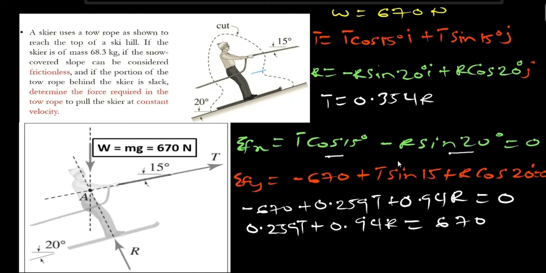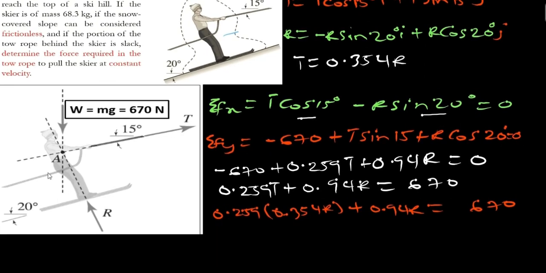Now let's continue. I'm going to substitute the value of T into this. So that was 0.259 into bracket 0.354 R, plus 0.94 R, which should be equal to 670. So let's add these two.